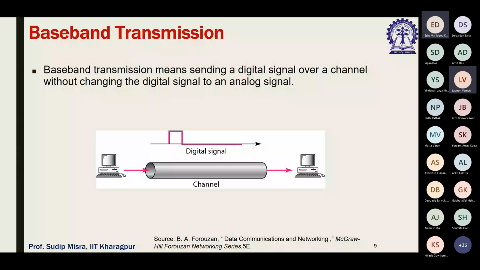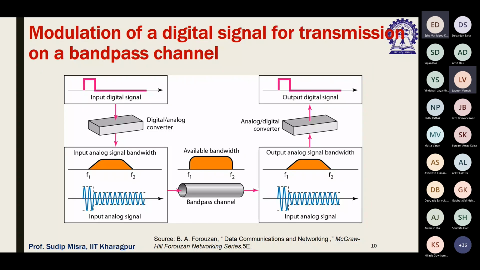Now we need to really understand how you are going to have this transmission, baseband transmission through a low pass channel, with the help of modulation. Modulation of a digital signal for transmission on a band pass channel. This is what we need to understand through this particular figure.